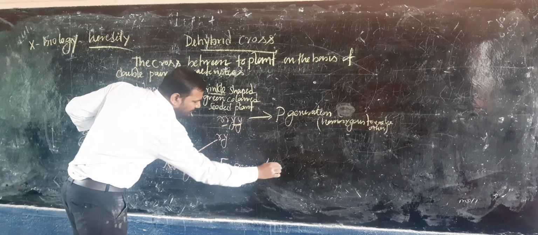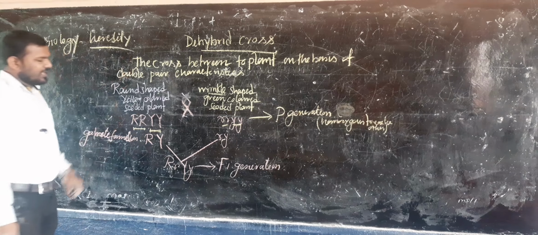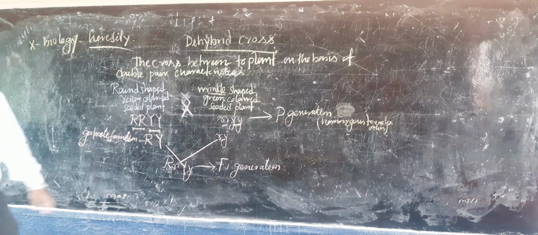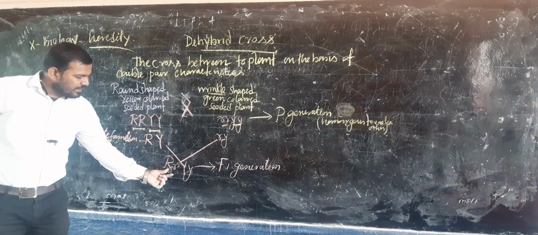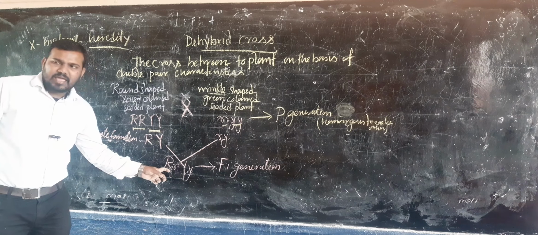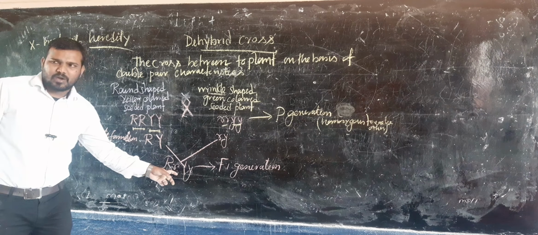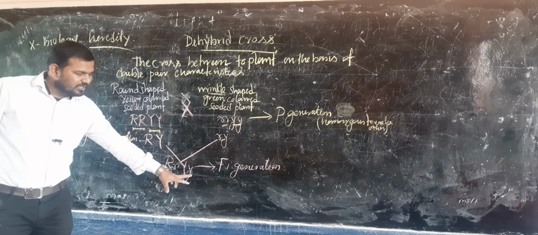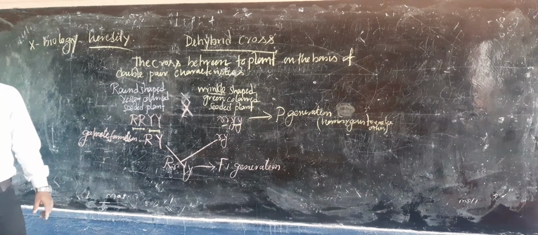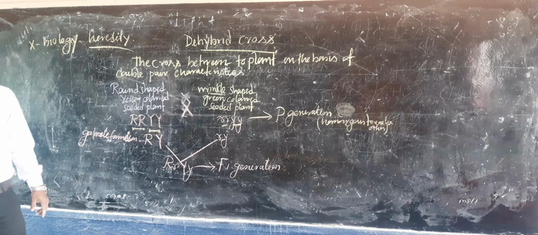Now all the seeds of the F1 generation are round-shaped and yellow-colored because of dominant and recessive features. Here the organisms are formed by dissimilar factors: capital R having the alternative form small r, capital Y having the alternative form small y. So this type of organism is termed heterozygous in nature.